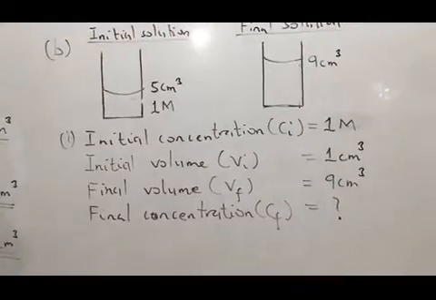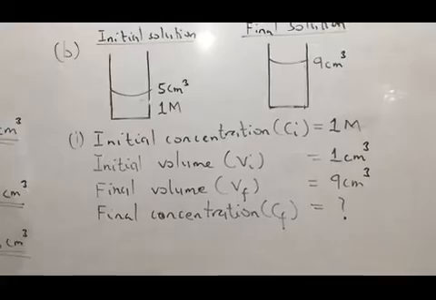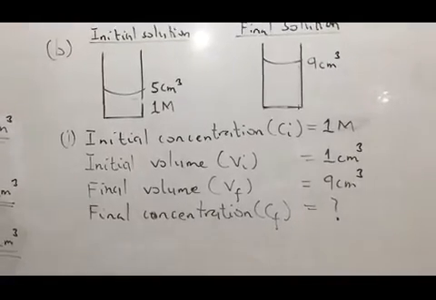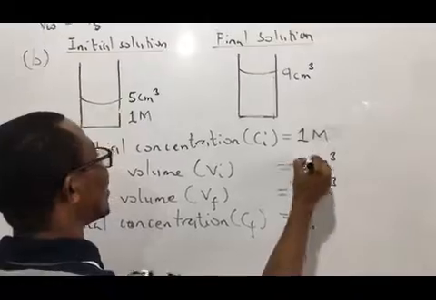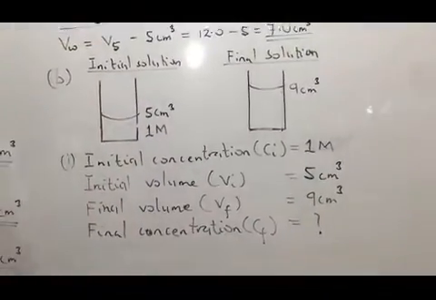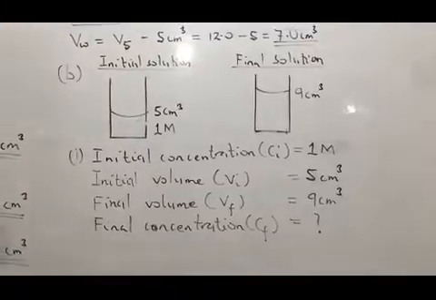How do you find the final concentration? The initial volume is 5 cm³ here.